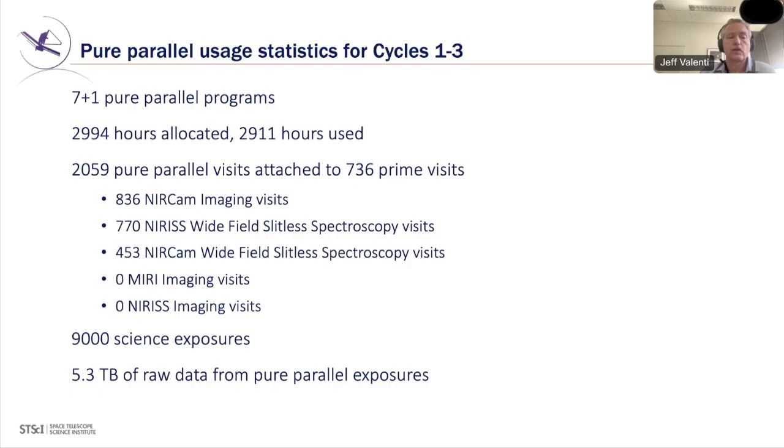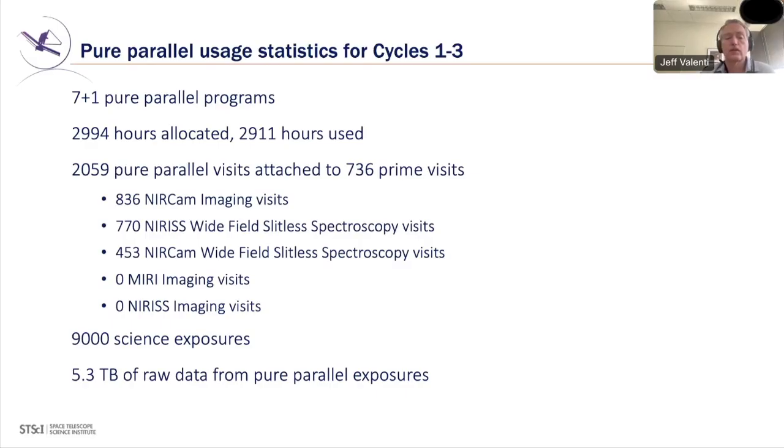You'll see them in a moment. There are basically 3,000 hours that were allocated to those 7 + 1 pure parallel programs, and almost that many hours, 2,900 used. There were roughly 2,000 pure parallel visits that attached to 700 prime visits.